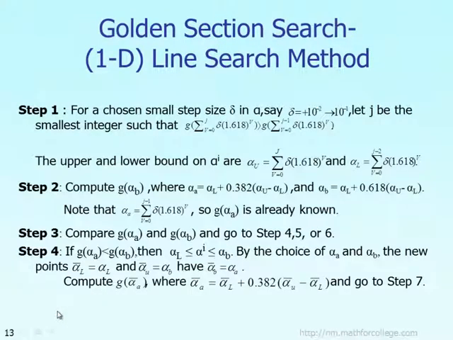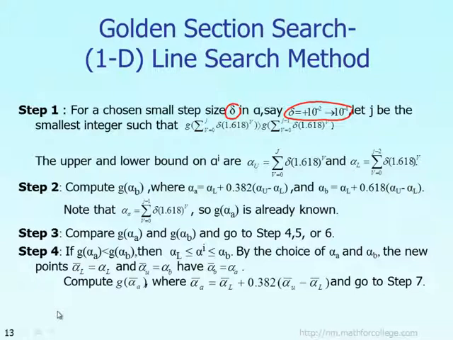So I believe, as the conclusion of the golden section, I just simply give you a step-by-step procedure so that you can write a computer program or do it by hand. Step number 1, according to golden section, you just select a small value for delta, for example somewhere between 10 to the power minus 2 to 10 to the power minus 1.